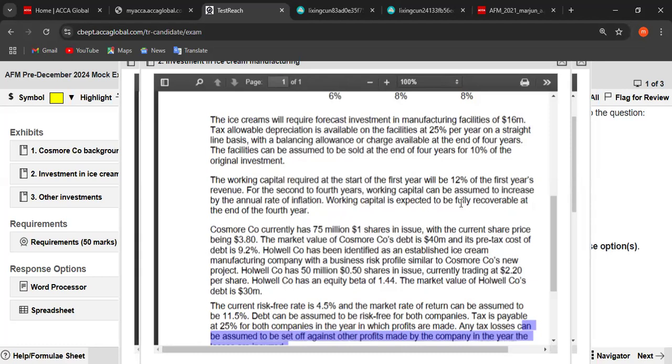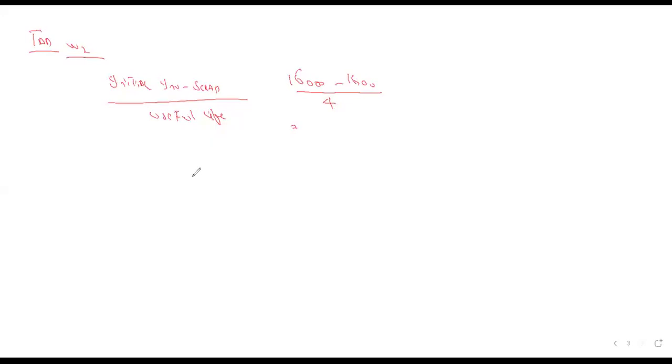It means that we have to go through the calculation of balancing allowance and charge as well. So the calculation will be in the same way.